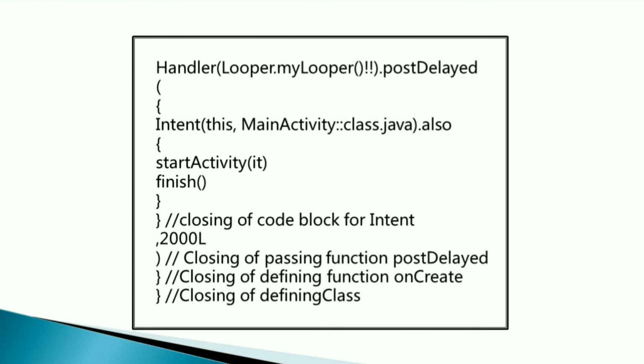Here we have appended the suffix L to the value to specify the Long data type value explicitly. Now we are closing postDelayed method call. Next, we are closing definition of the function onCreate. At the end, we are closing class definition.